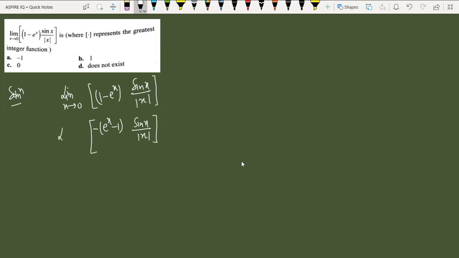So I can write e to the power x minus 1 as minus x, so it will be minus x sin x upon mod x, limit x tends to 0.